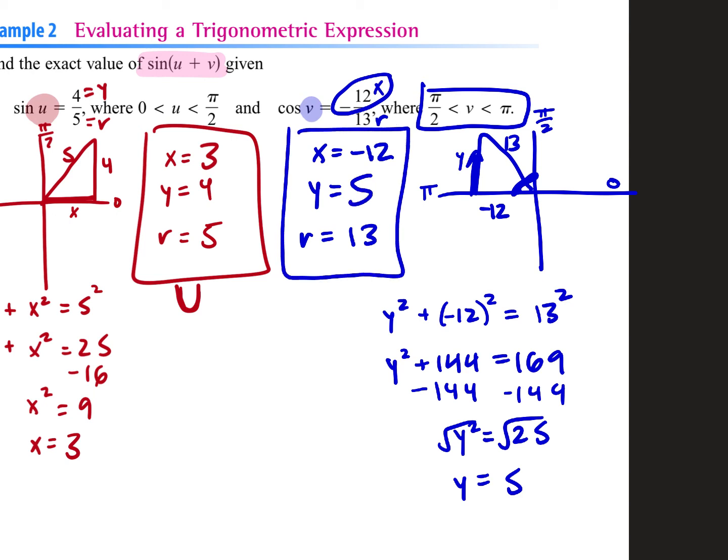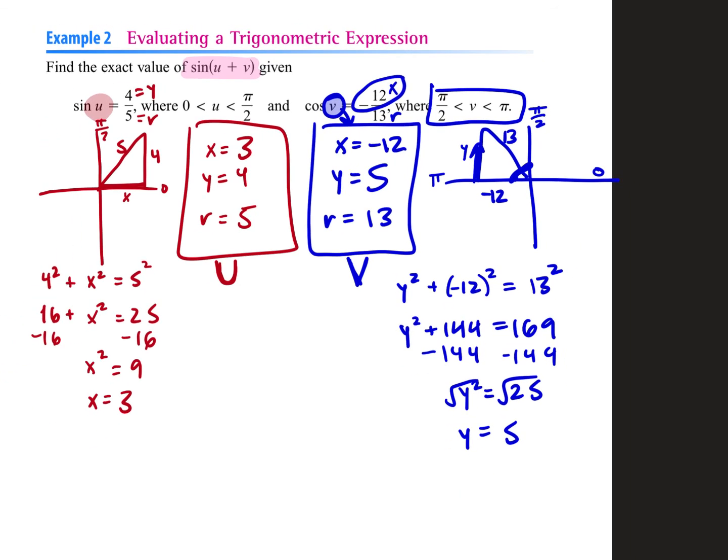So now this is my information for v. Because it told me cosine of v, so this is my v triangle stuff. This one said sine of u, so this is my u triangle stuff.